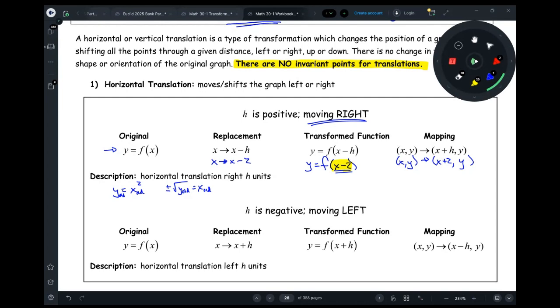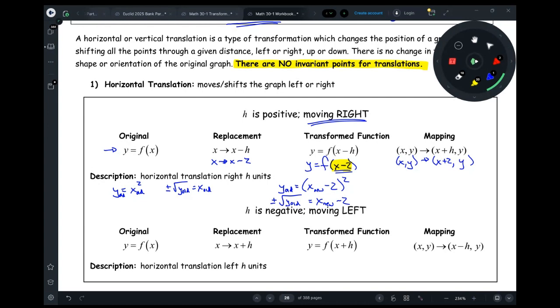Well, what happens if I take that old function, so I've still got my old y, but now I've got a new x, and I'm going to subtract 2 from that. So I'm replacing my old x with a new x minus 2. If I wanted to figure out what x is, if I knew what y was, just like in the previous one, I would take plus or minus the square root of the old y, and that would give me x new minus 2.